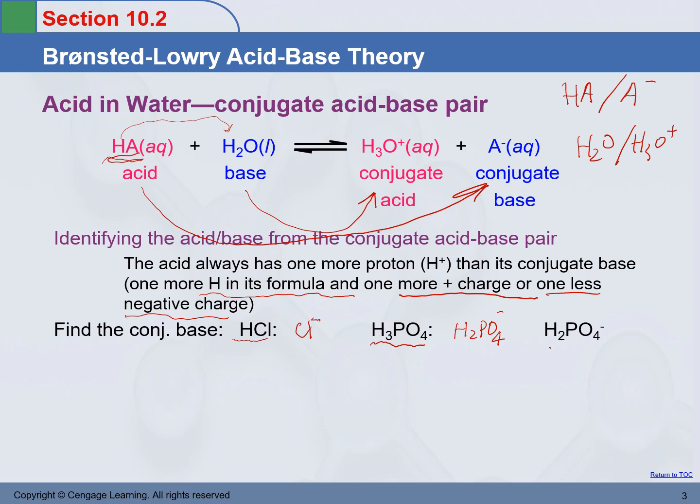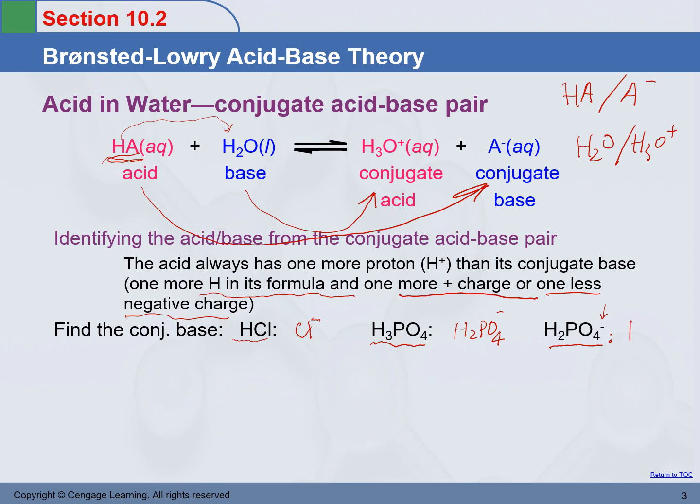Next one, H2PO4 negative. Okay, the acid itself carries a negative charge. If you remove a positive charge from something negative, the leftover will carry two negative charges. So we know the conjugate base will have a two negative charge. Again, you're going to remove an H from its formula.